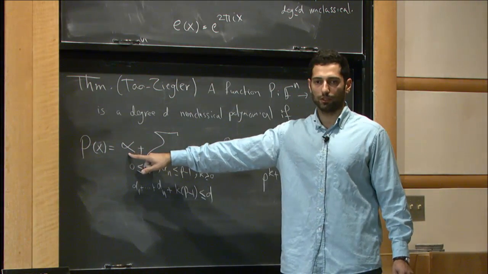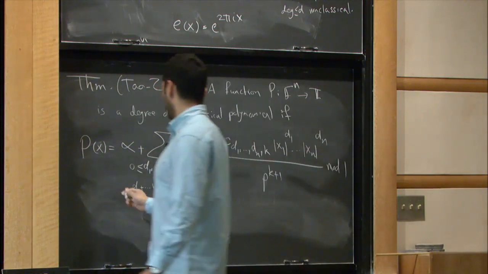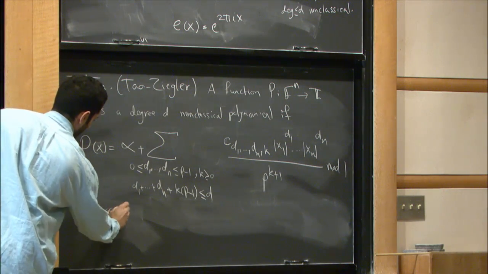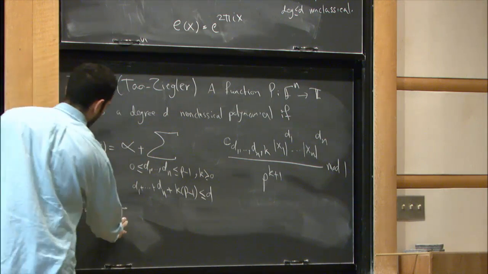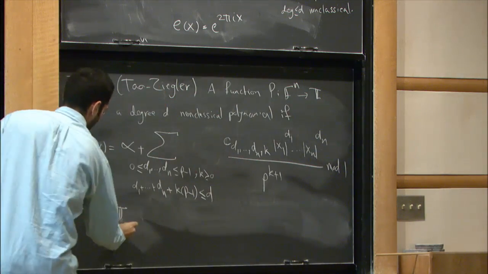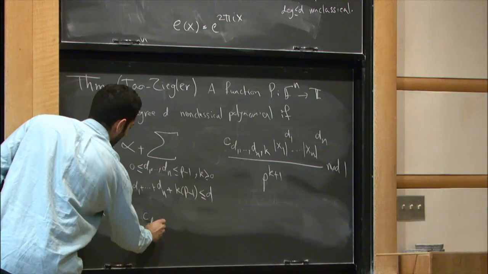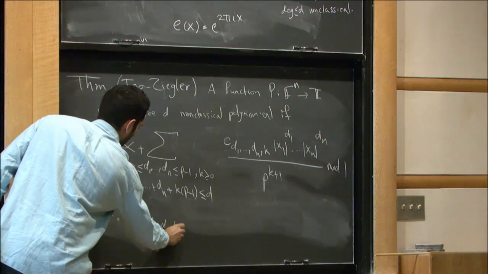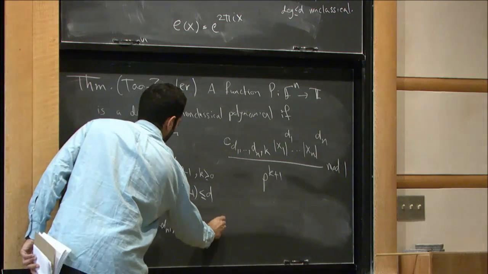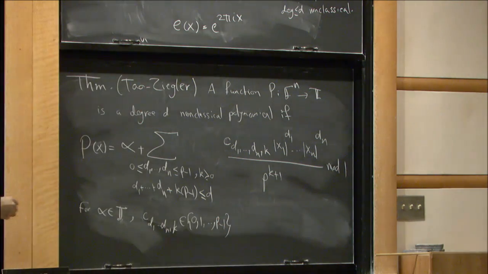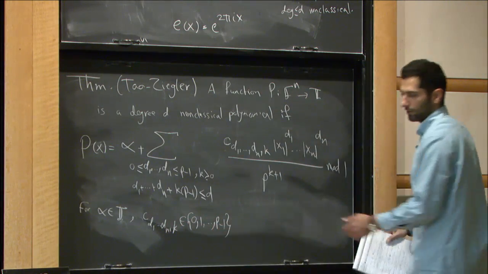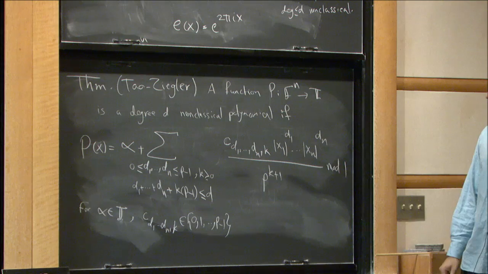Alpha is a constant, what we call the shift. And these coefficients are integer valued, taking values from 0 up to p minus 1.